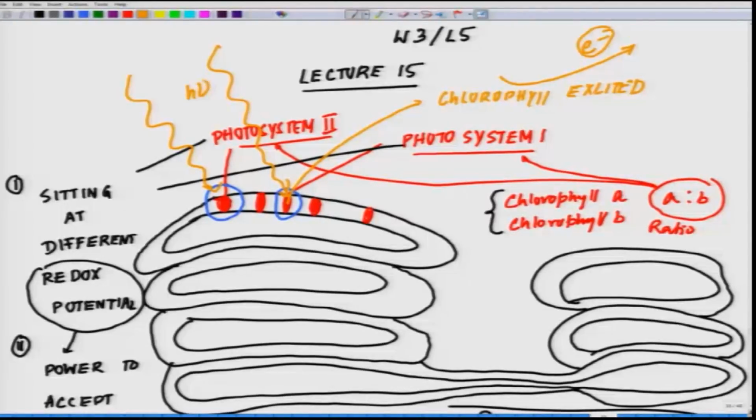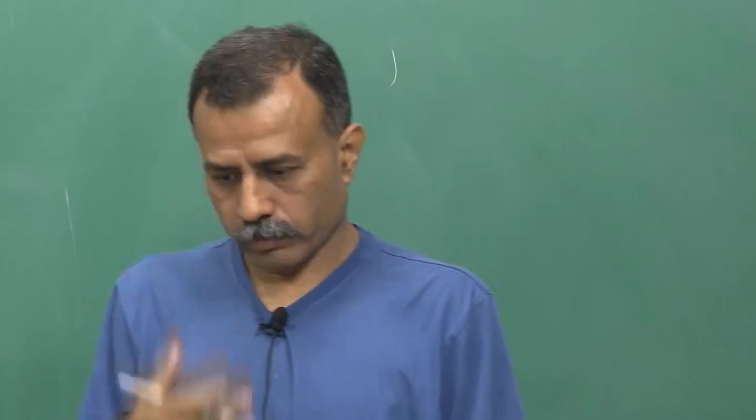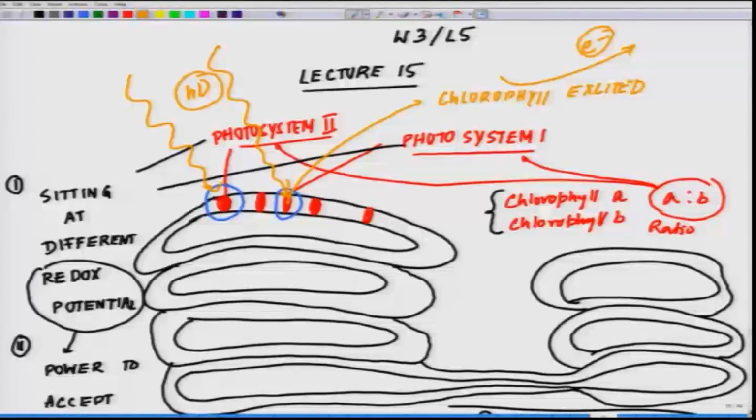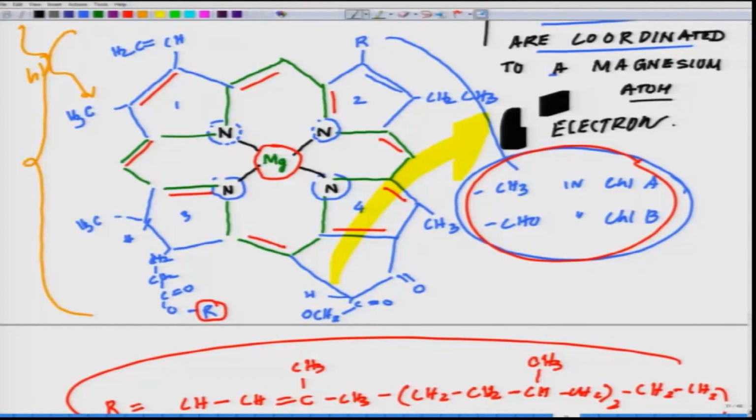So, basically light energy helps chlorophyll to eject an electron from its structure. This is that chlorophyll structure we talked about. So, upon receiving light, it has the ability to eject an electron.